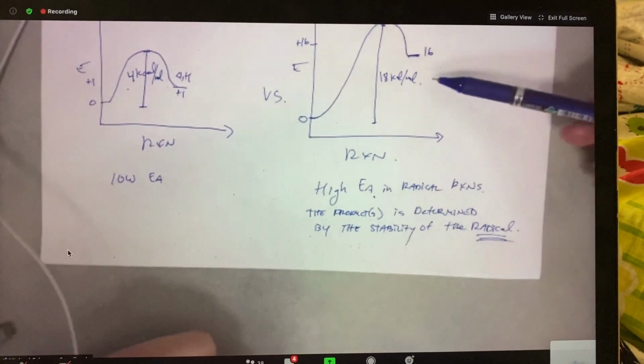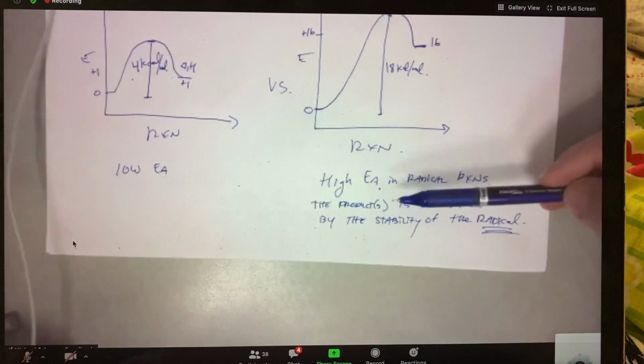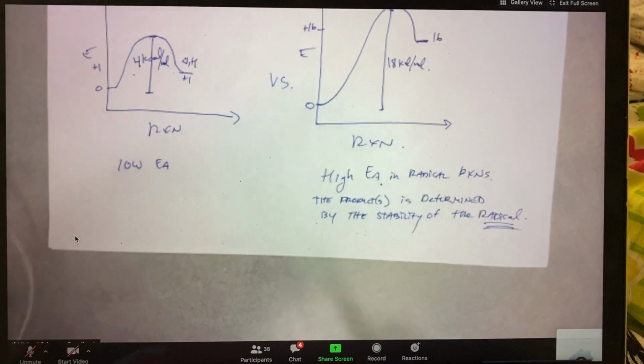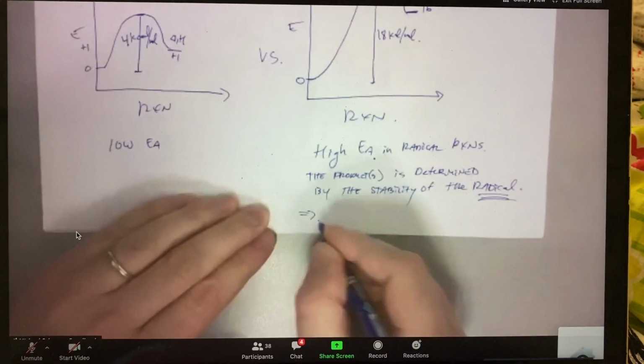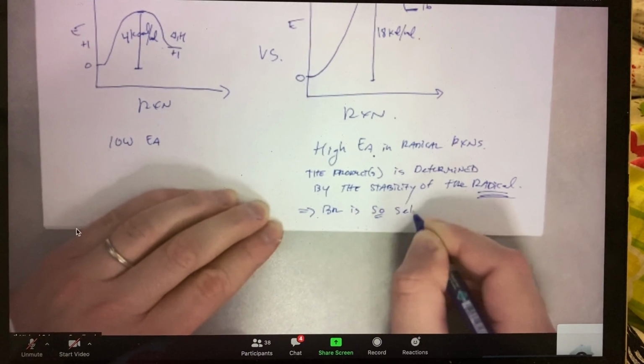Bromine has a very high activation energy. The product distribution at the end is solely determined by the stability of the radical. This is why bromine is so selective.